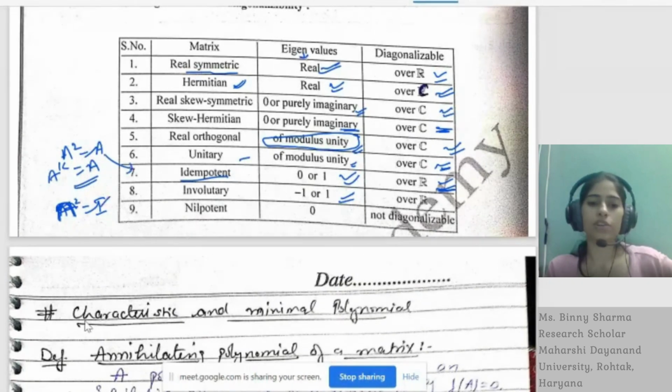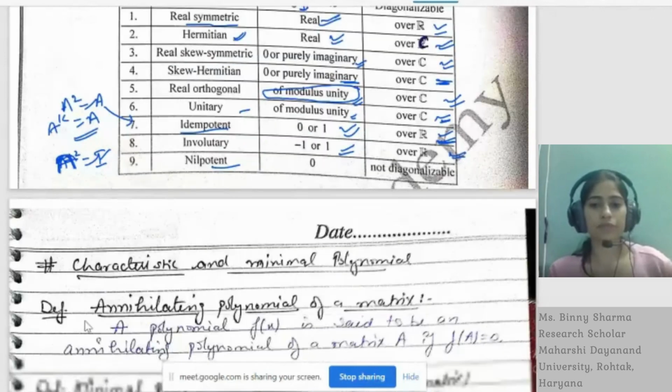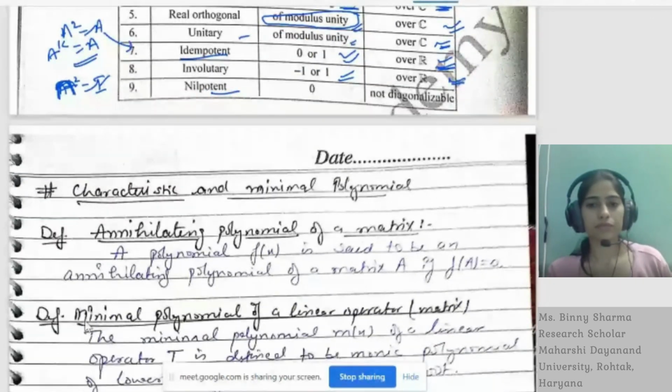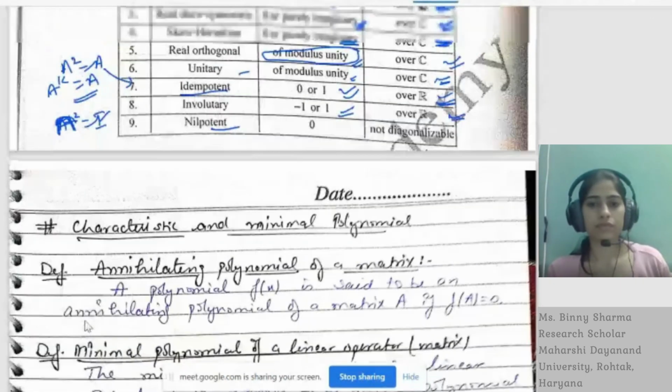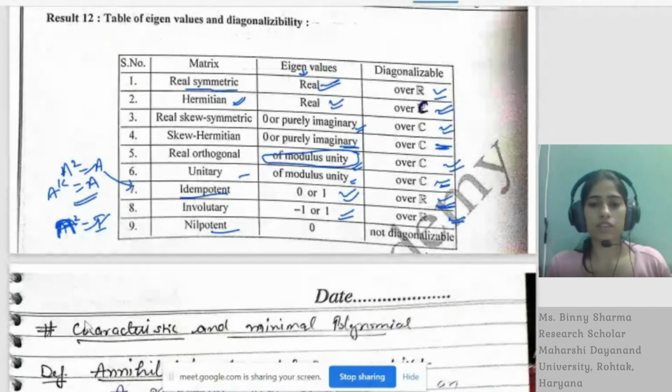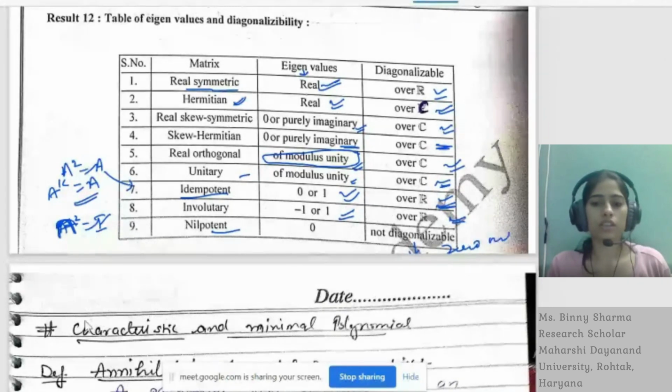An idempotent and involutory matrix is diagonalizable over R. Eigenvalues of a nilpotent matrix are 0, and it is generally not diagonalizable. Only the 0 matrix is diagonalizable.